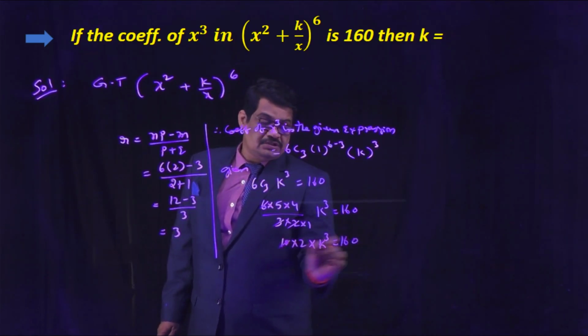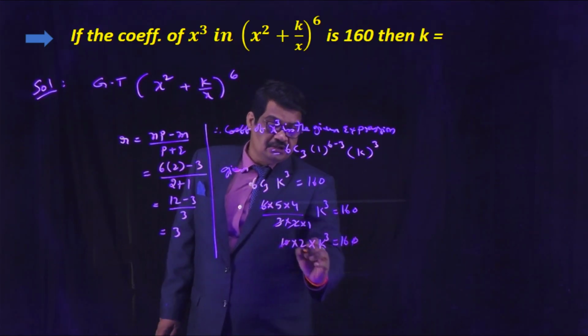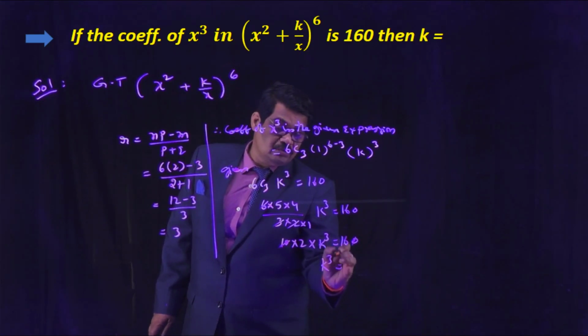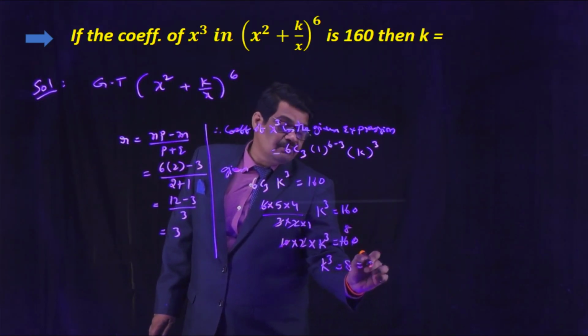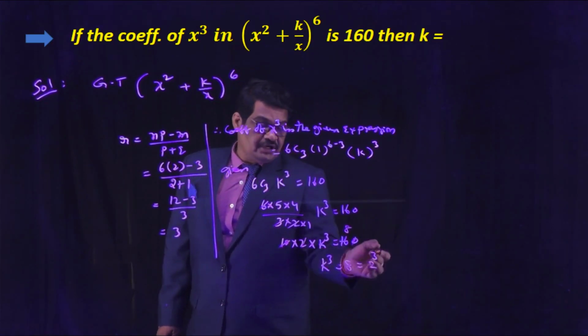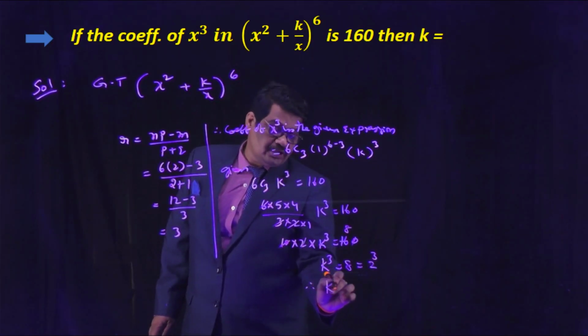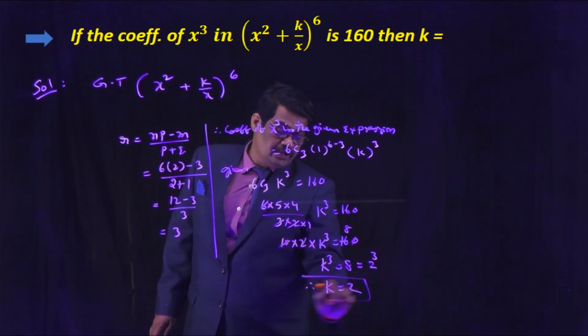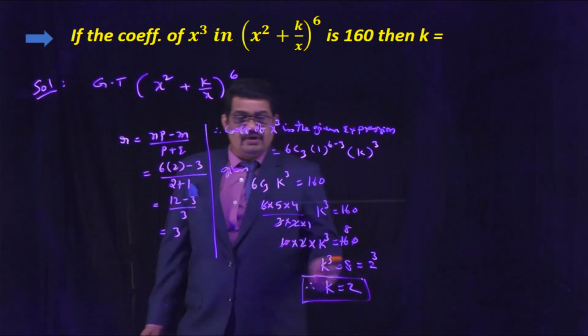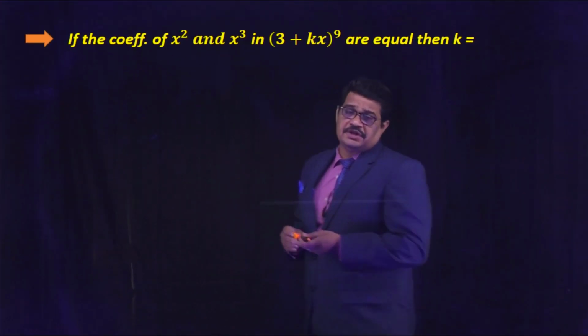So this 10 and 0 is cancelled. Here k cube is equal to 8. This 8 can be written as 2 cube. So k cube is equal to 2 cube, then k is equal to 2. So the value of k is 2. Okay, answer is 2.